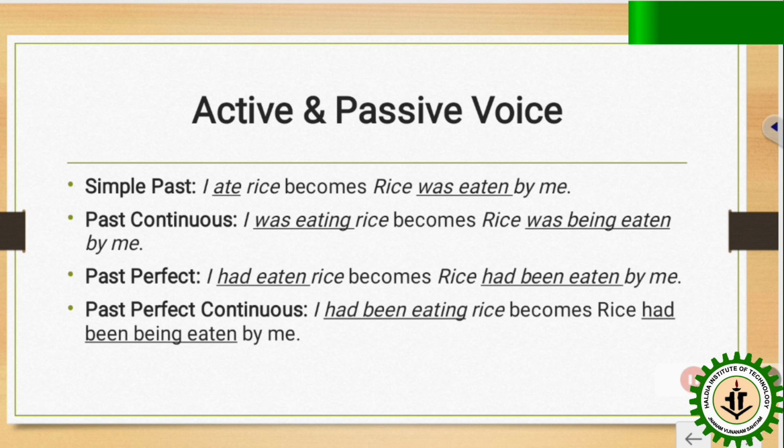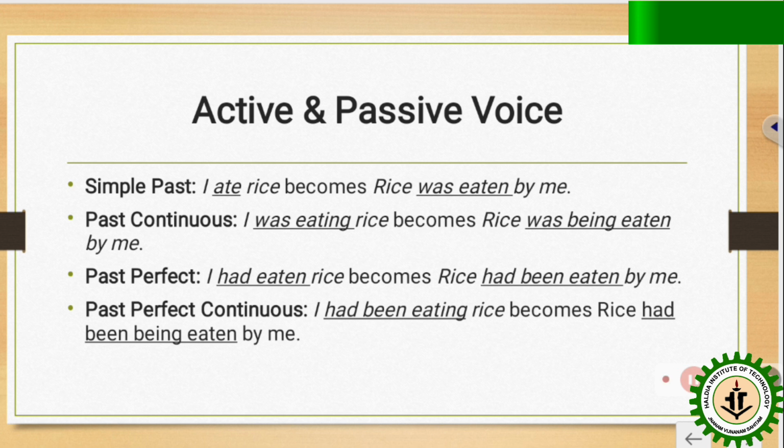Let us now come down to the last form of verb in past tense, that is the past perfect continuous tense. In past perfect continuous tense, the same sentence can be written in this form, that is I had been eating rice. Now when we want to convert it into passive voice, again the object in the active voice, that is rice, becomes the subject, and just like any other form, this main verb eating will become eaten, because in passive voice we need to use the past participle form of the main verb, and in order to do that, again we have to bring an extra be verb.